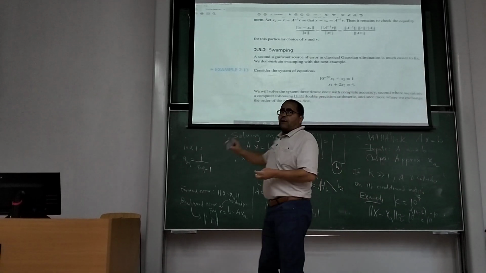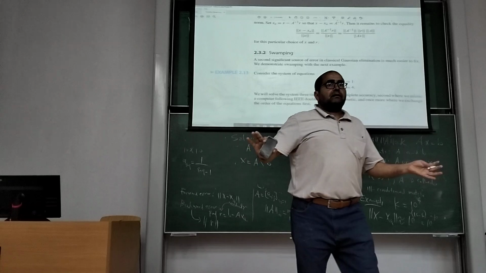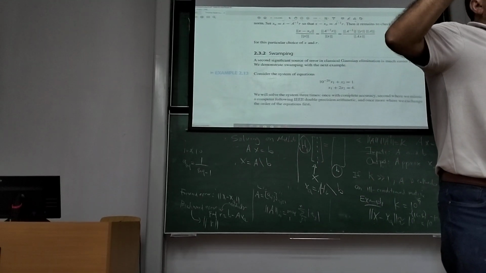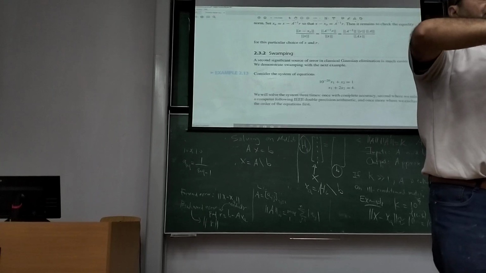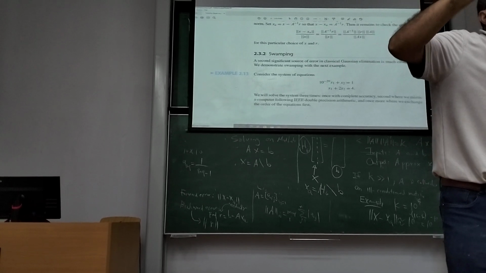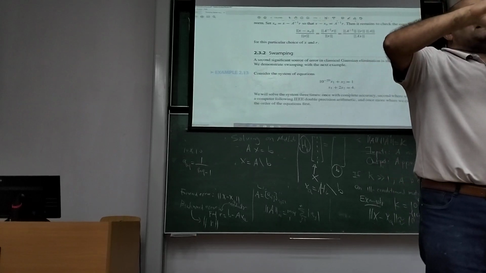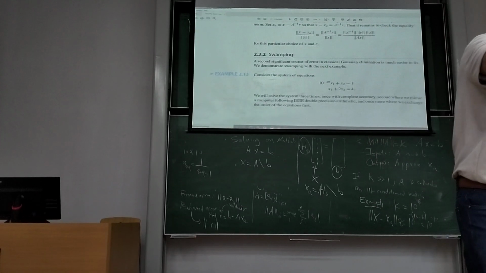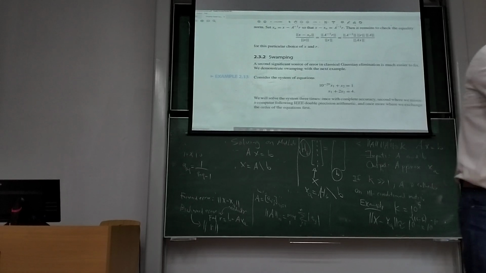A very simple problem of size 2 by 2. We're going to solve it in 3 different ways. One of them will be an exact solution, where we're not going to approximate. The other will be an approximate solution, using the highest accuracy available in MATLAB or any hand calculator.